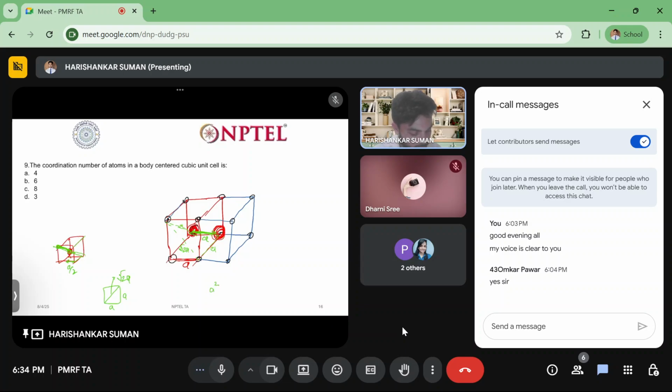So a square plus 2a square, 3a square, root 3a. So this is root 3a by 2.